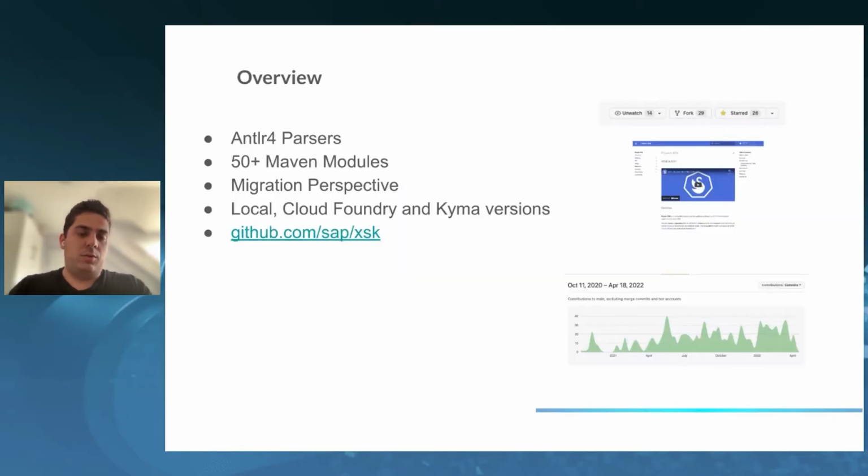Great. As a quick overview, from a pure technology point of view, Project XSK is again Java based. It has 50 plus Maven modules, so it's relatively smaller compared to the 340 plus modules that Dirigible has.